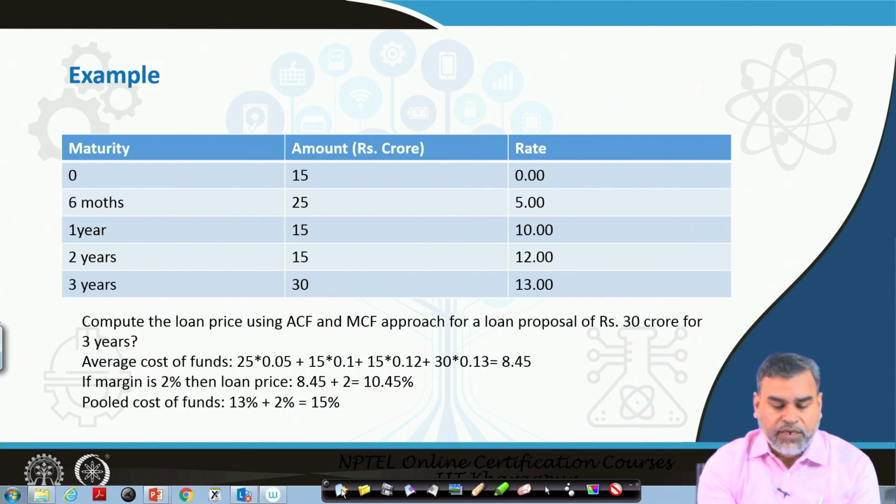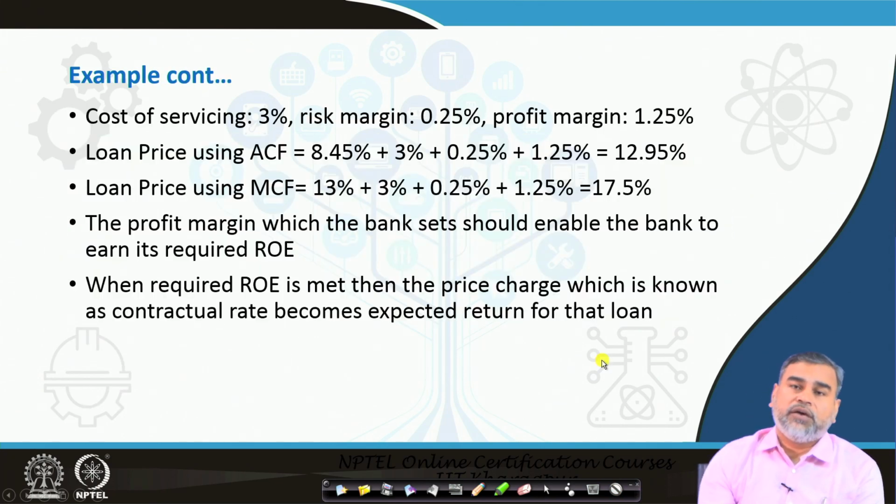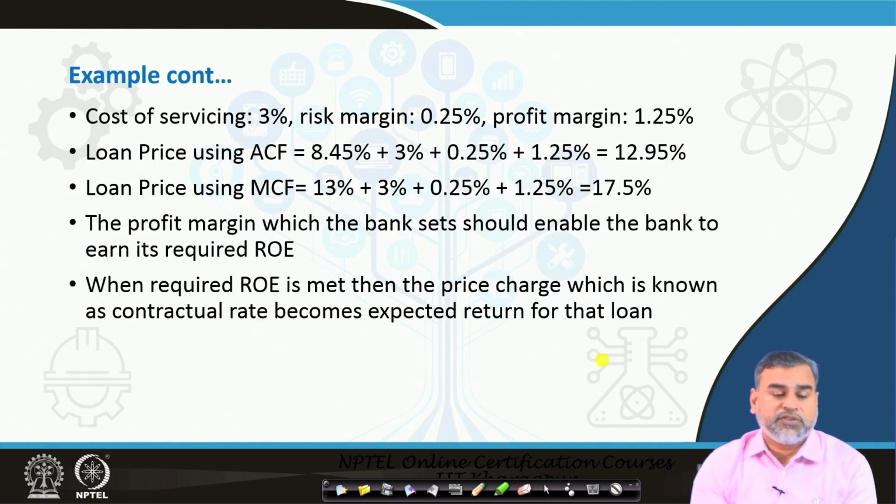So, now we can expand this example a little bit. Now, we have added the servicing cost, that is 3% cost of the service. For credit risk assessment, they have measured that 0.25% of the risk margin they have to impose, and they have ensured that there is a profit margin of 1.25%.